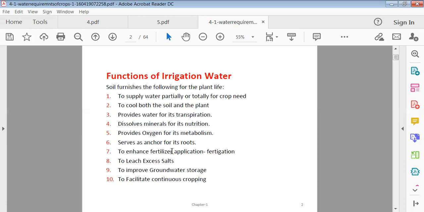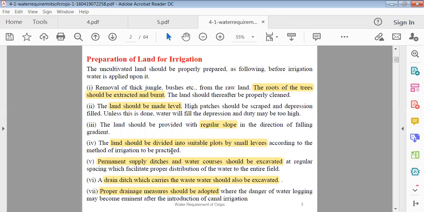To start with irrigation, first you have to prepare the land. The roots of the trees should be extracted and burnt, and the land should be made level, with a proper regular slope in the direction of the falling gradient. The land should be divided into suitable plots by small levees according to the method of irrigation to be practiced.